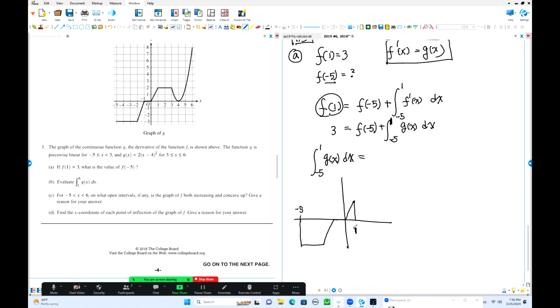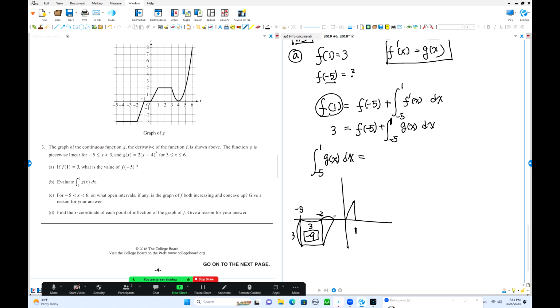This is a rectangle, with length 3 and length 3 also. So the area is 3 times 3, which is 9, but it's under the x-axis, so this area is negative 9.